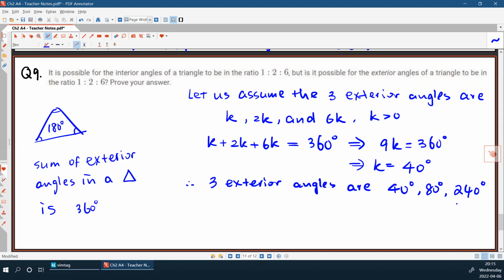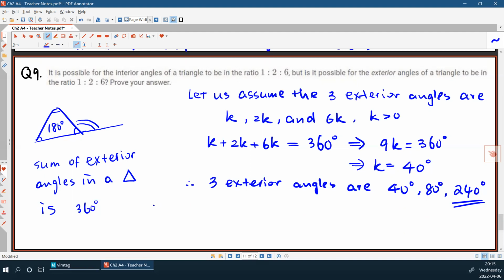But this angle is not possible, right? Because any exterior angle cannot exceed a straight angle. That means it cannot exceed 180 degrees, right?